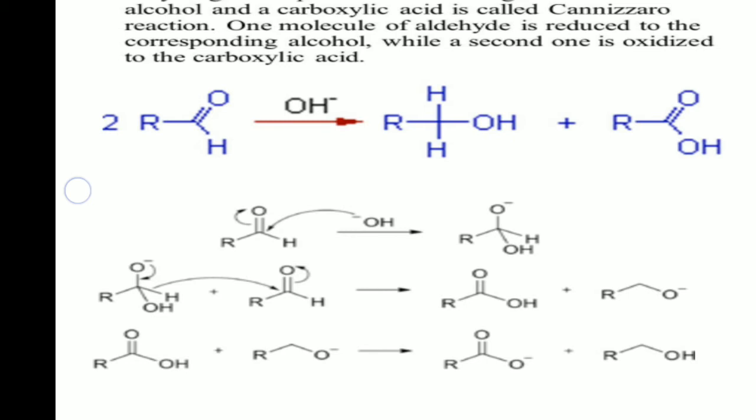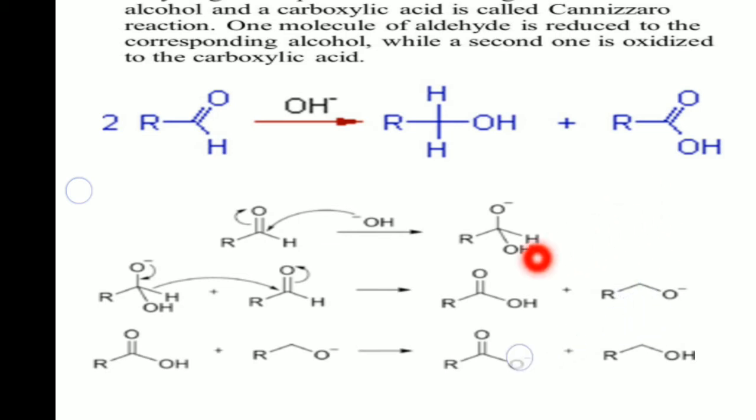Now the first aldehyde molecule is converted into the acid, C double bond OH. Acid is formed. So the first aldehyde molecule forms acid, which is called oxidation. The second aldehyde molecule forms another oxide ion.